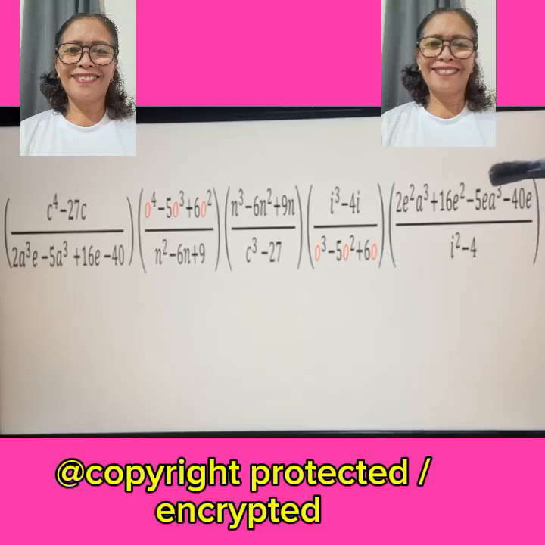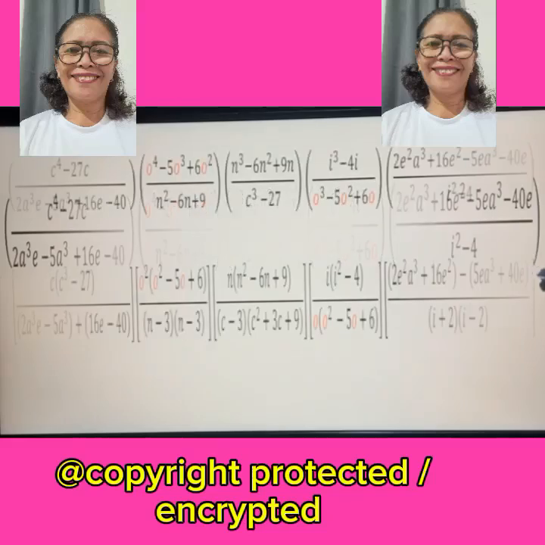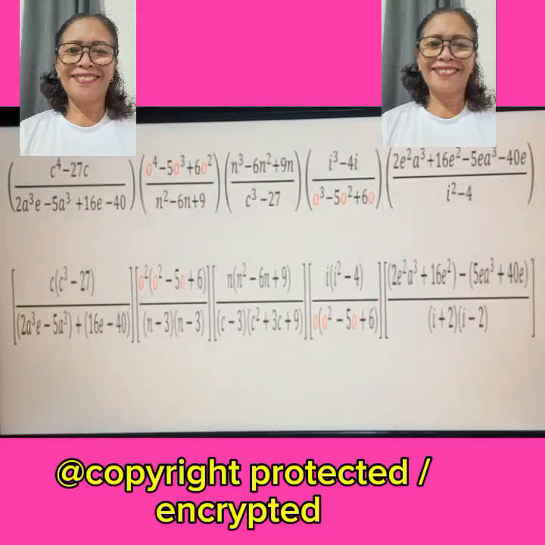Then, last letter is E. We have 2E squared A cubed plus 16E squared minus 5E A cubed minus 40E divided by I squared minus 4.